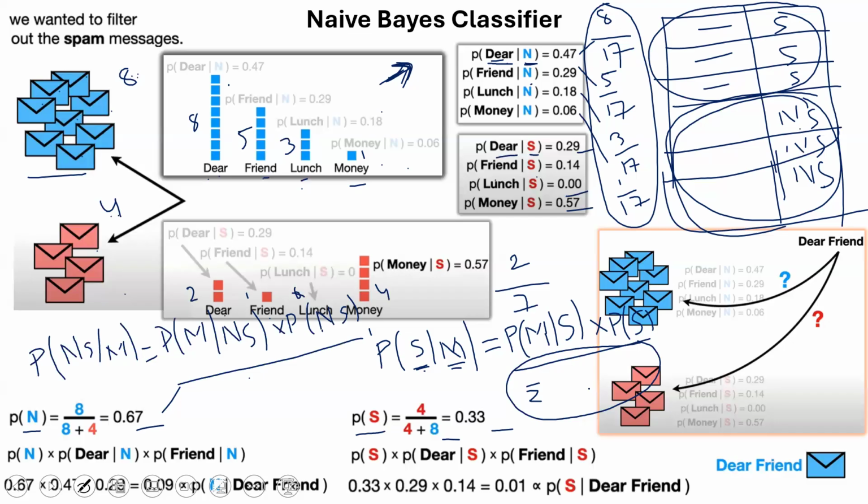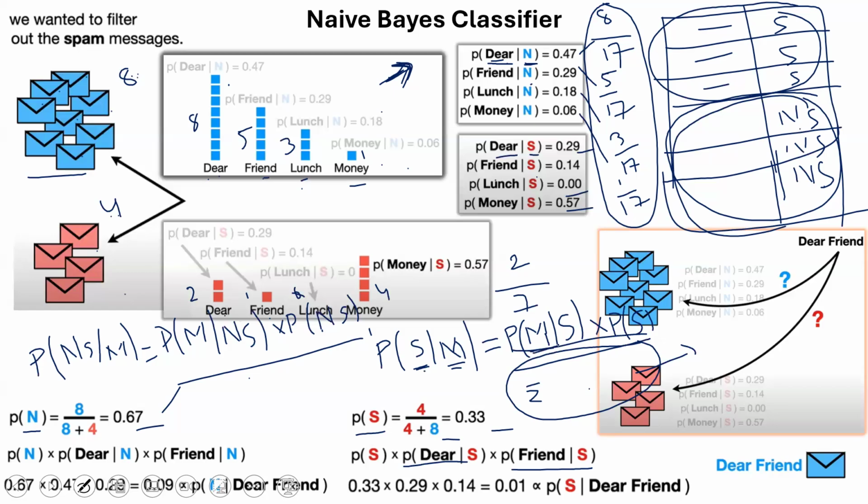Is that right or not? Yes, same. As the denominators will be the same, you can ignore the denominators. You can just concentrate only on the numerators. In the numerators, as they are both independent, you just multiply the probabilities of both of them.